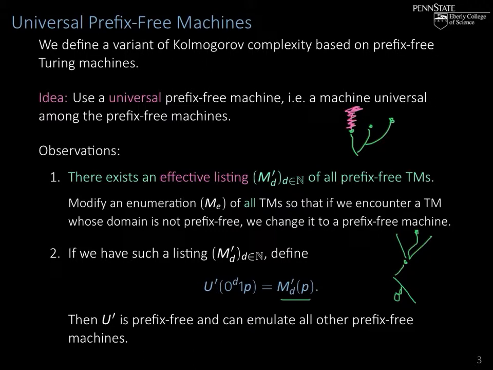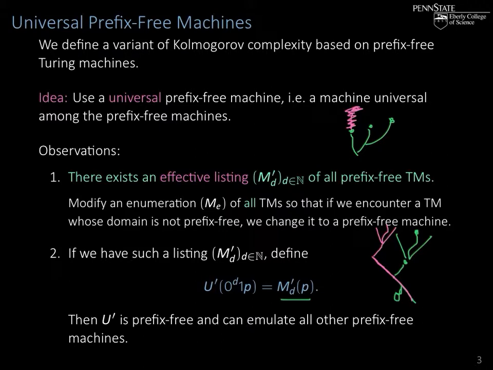Since we keep it in this special format, a different machine will be coded like this, and then the program for it. And you'll see, since each of the machines MD here is prefix-free, everything that converges in this cone here is prefix-free. And since we stack them up in this prefix-free way, U prime itself is still a prefix-free machine.